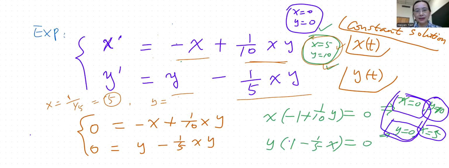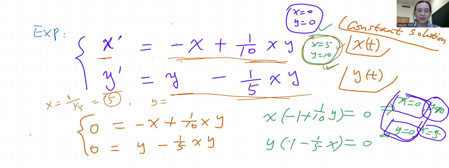So the right hand side is only an expression of X and Y. If the right hand side of each equation in the system depends on the unknown functions only, if it does not depend on T explicitly, then this system is called autonomous.